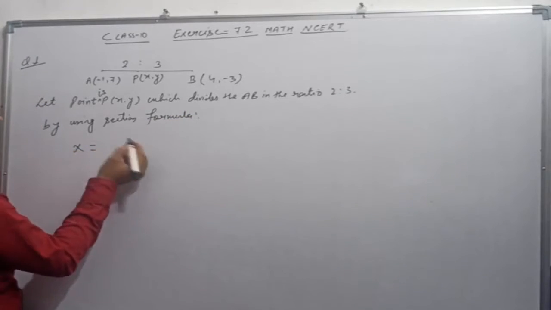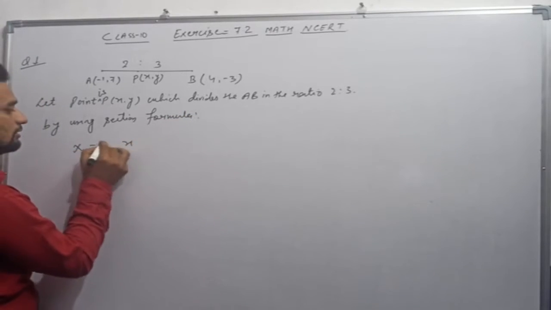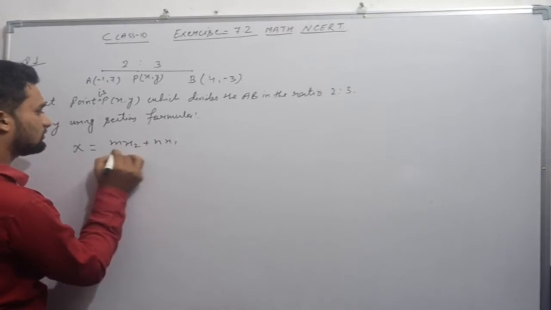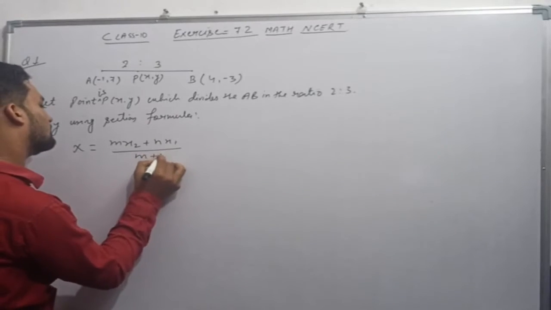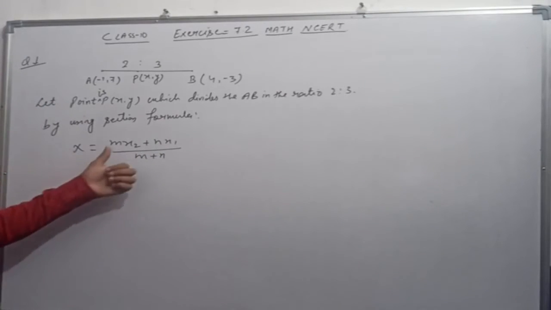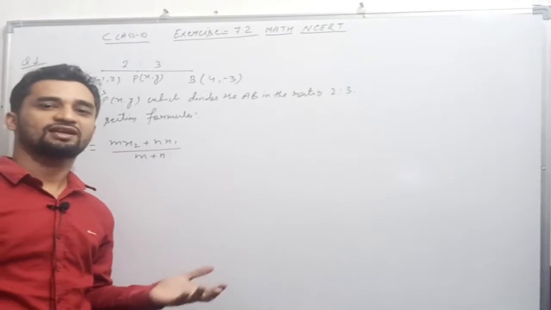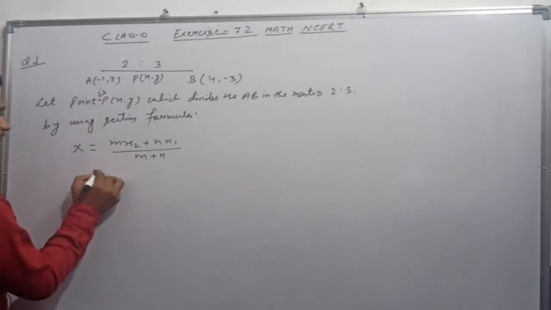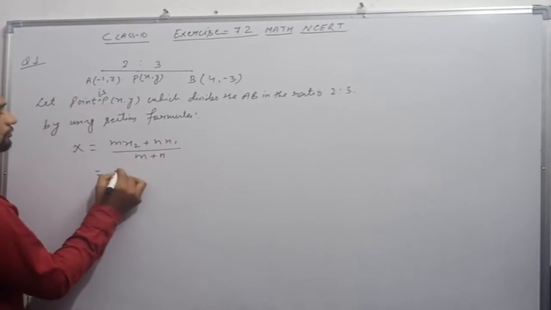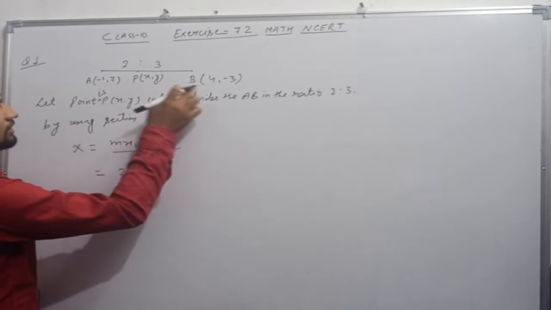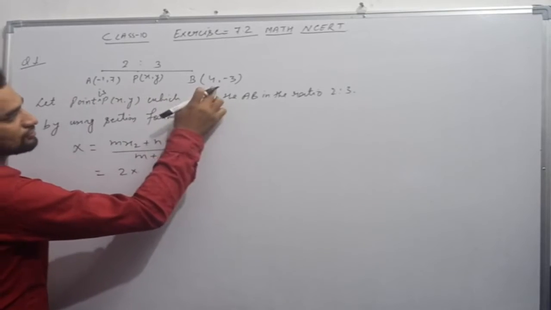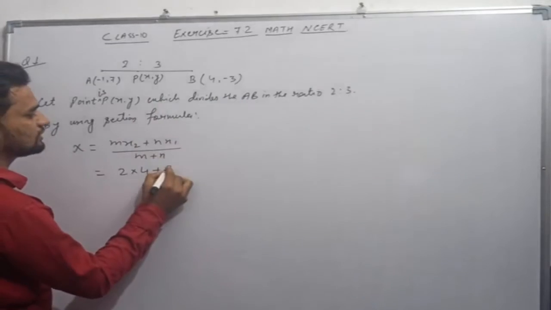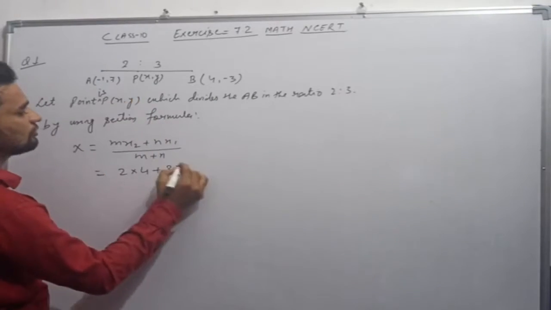x must be equal to (m x2 plus n x1) upon (m plus n). In some books it is given as m1 and m2 in place of m and n, no problem. So the value of m is 2, the value of x2 is 4, plus the value of n is 3, and the value of x1 is minus 1.